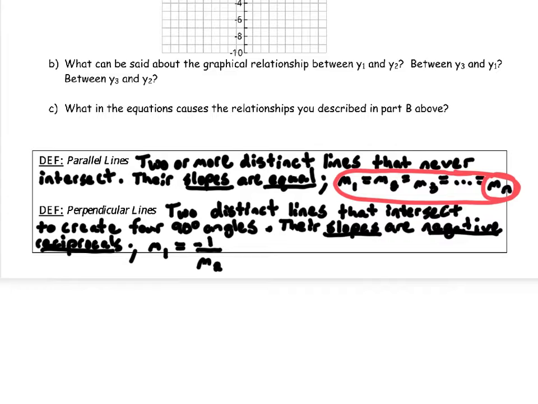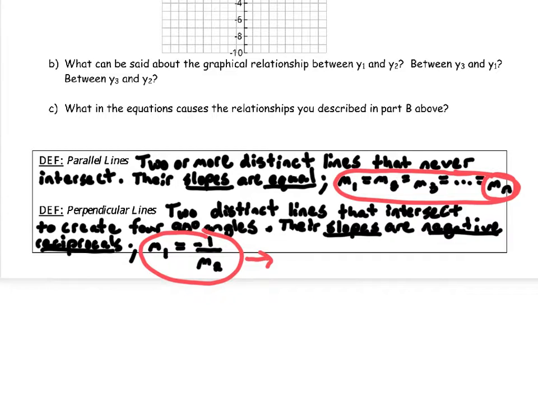The next definition is perpendicular lines, and those are defined to be 2 lines that do intersect, and they do so in such a manner that they create 4 90-degree angles. When looking at the equations of 2 lines, if you notice their slopes are negative reciprocals of each other, then they must be perpendicular. Here is the symbol notation to describe perpendicular lines with their slopes, and let me give you an example with some numbers to help make this a little more clear.